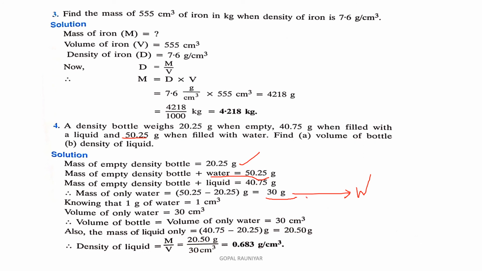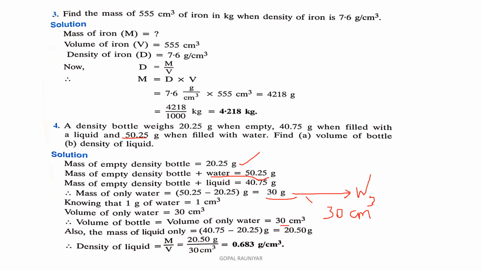So 30 gram equals 30 centimeter cube. We have discussed that the volume of any container is the volume of water contained in that container. So the volume of the bottle will also be 30 centimeter cube.